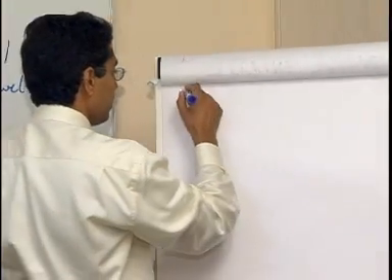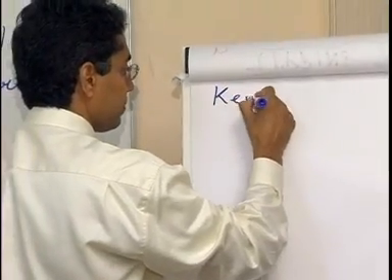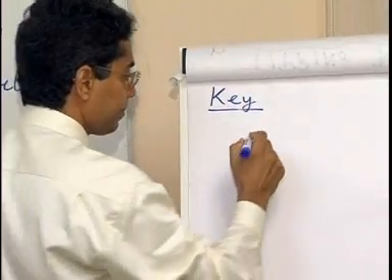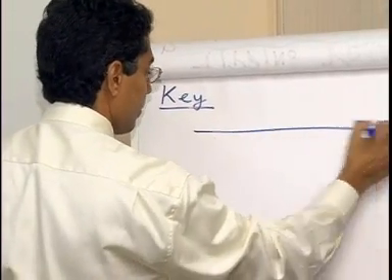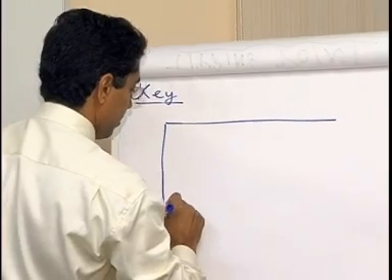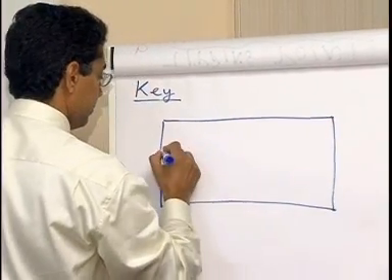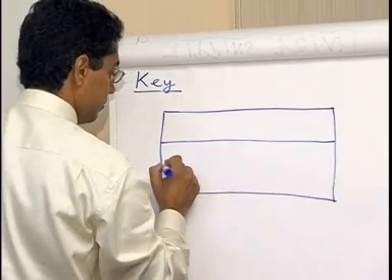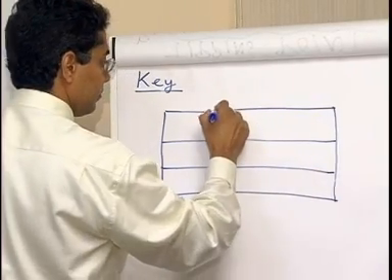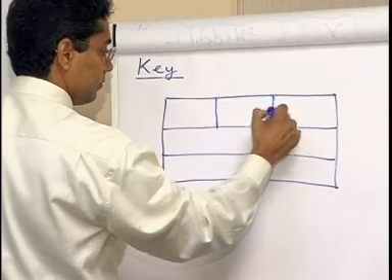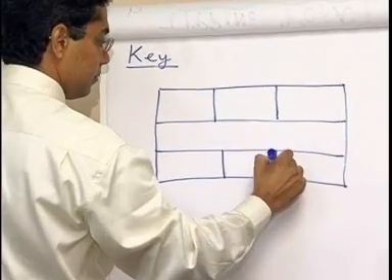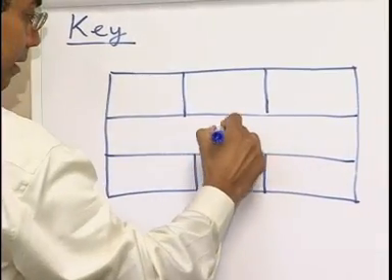I'm going to keep it here so that we have it for reference. Key. A here means activity.